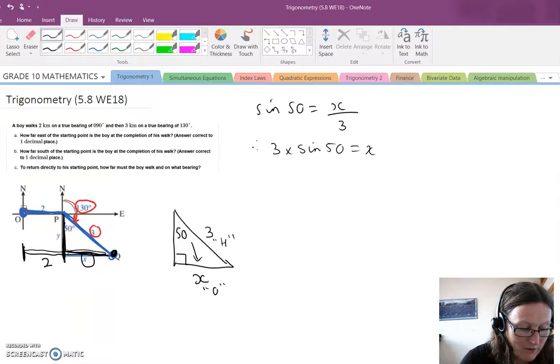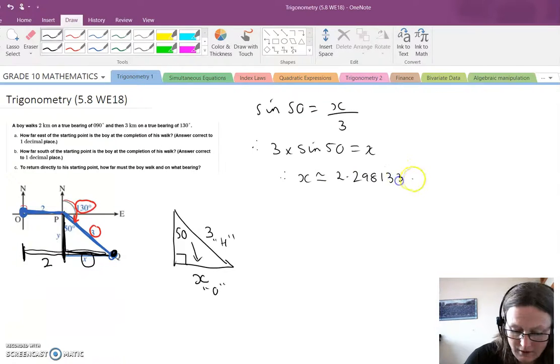If we work that out, 3 times by sine 50, then x is approximately 2.298133329. Rounding that off to 1 decimal place like it asked, the digit after the 1 decimal place is bigger than 5, so that rounds our 2 up to a 3, approximately 2.3 kilometres.